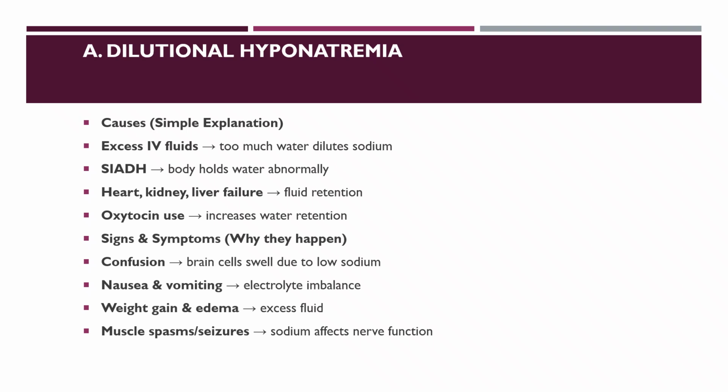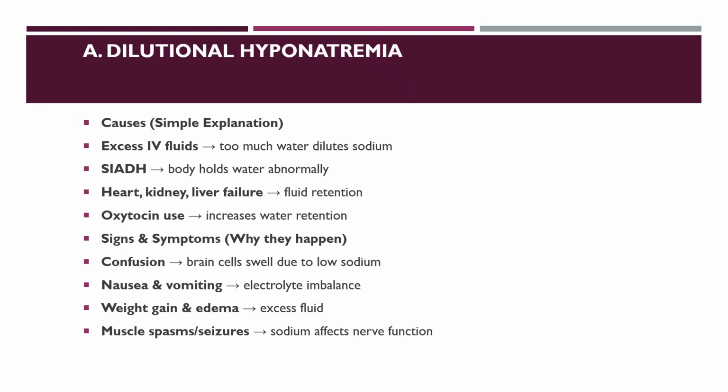We have SIADH, which is syndrome of inappropriate antidiuretic hormone secretion. Antidiuretic hormones are secreted to make the kidney tubules permeable and allow reabsorption of water back into blood in order to maintain fluid volume level.